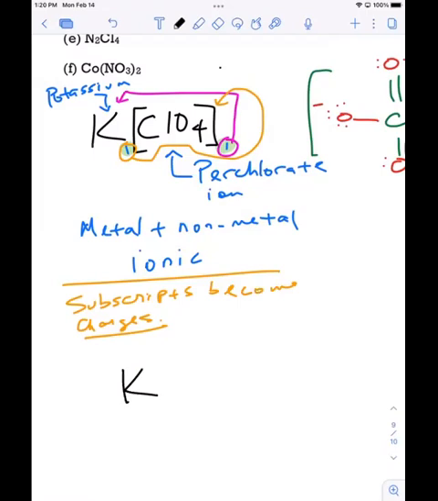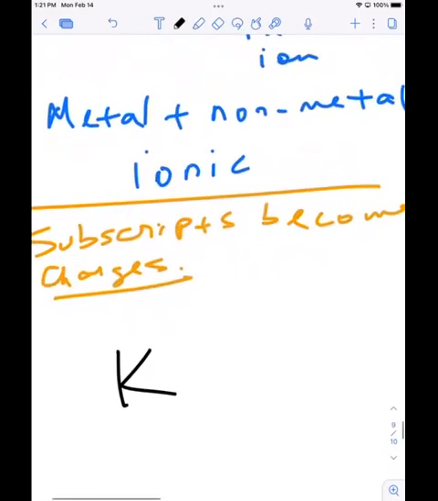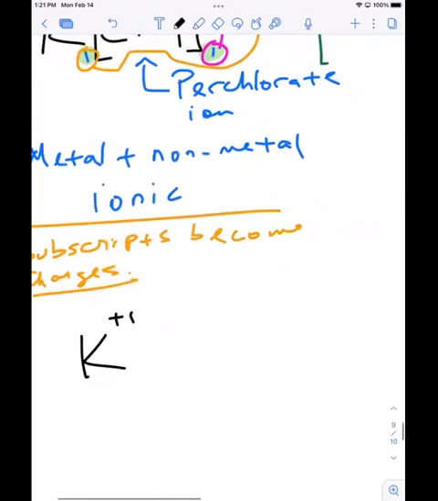When I pull the potassium away from the perchlorate, what number is going to be a superscript for potassium as the charge? We know it's going to be positive because metals have positive charges. All right, so this is going to be K plus 1. And the perchlorate, I'm going to leave it in brackets, ClO4, it's going to be -1.